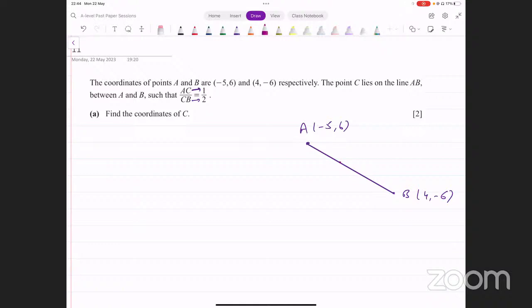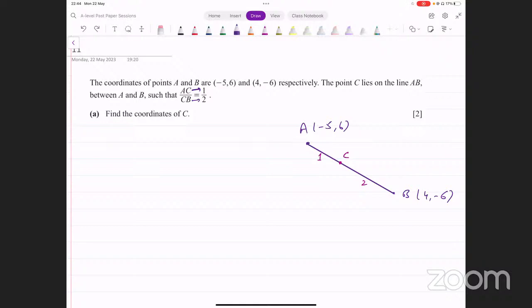It might be somewhere here. And the argument is, if this is 1, this is 2. Actual length 1 और 2 नहीं है, लेकिन रेशियो ये है. अगर ये 1 यूनिट है तो ये 2 यूनिट्स होगा. That's the point. Okay. How do we find the coordinates of this point C? That's the question now.